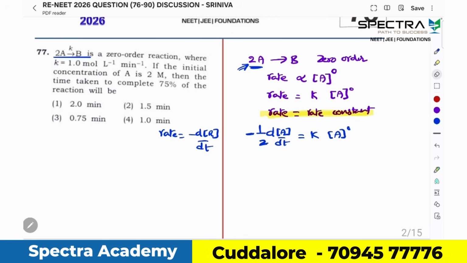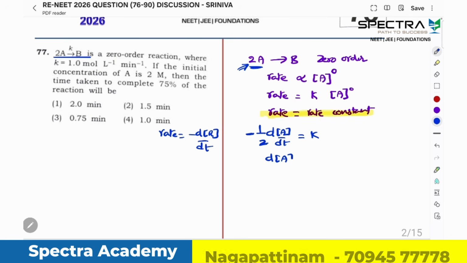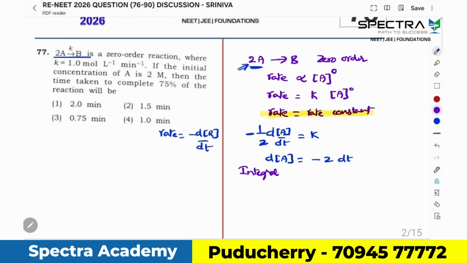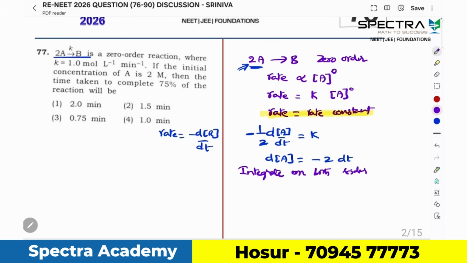A power 0 is nothing but 1. Now rearrange the equation: dA is equal to minus 2K dt. Now integrate on both sides.